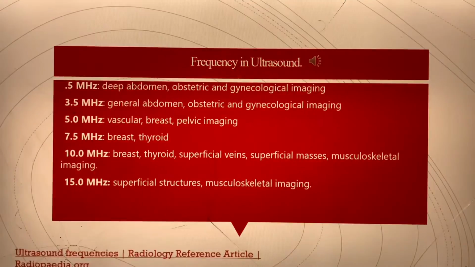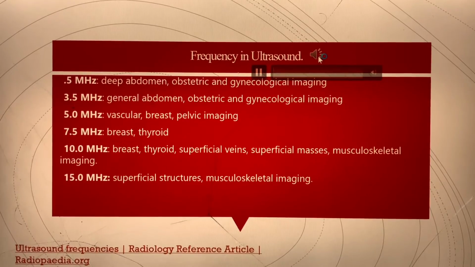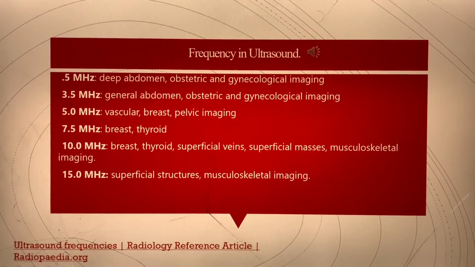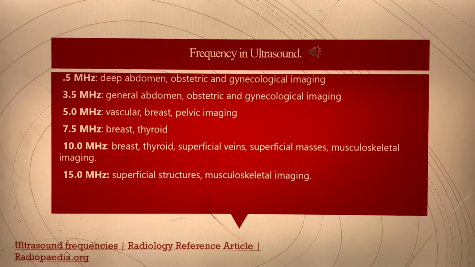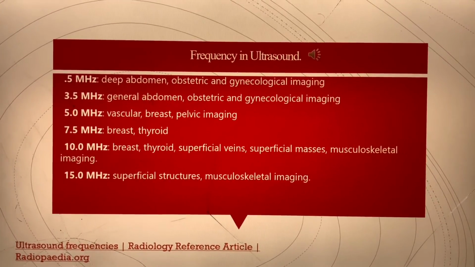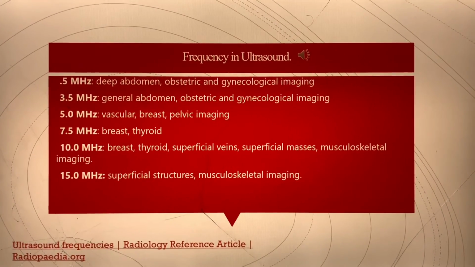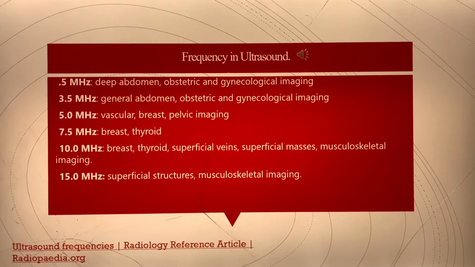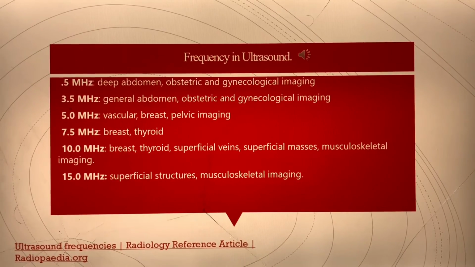So here, I found this cool graph. Since ultrasound does work with sound waves, there's different types of frequencies. This is a little graph showing you an estimate of what body parts, how many hertz it uses.